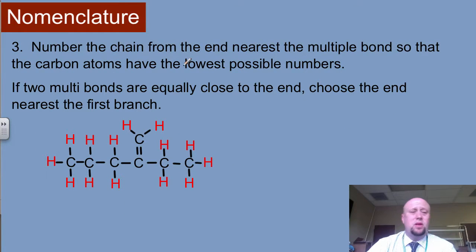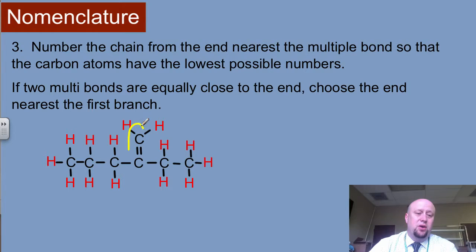Okay, so now numbering. Numbering becomes really important. We go by the same general rule as we did when we talked about branching in alkanes. But now what overrides the numbering is that we have to number it so that the double bond gets the lowest possible number. And that makes sense because when we talked about the branches, we worried about getting the lowest possible numbers. That's going to be the same thing here.